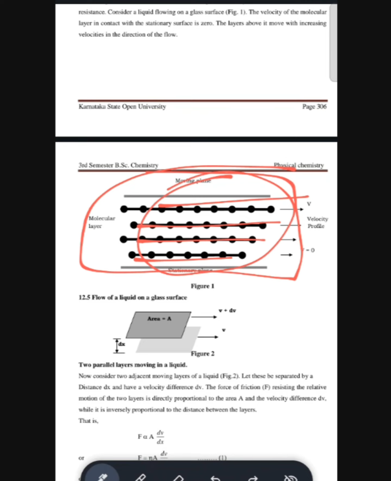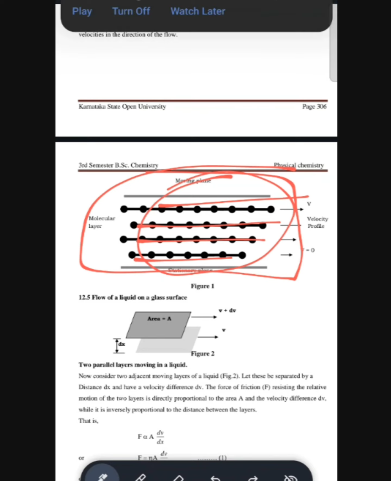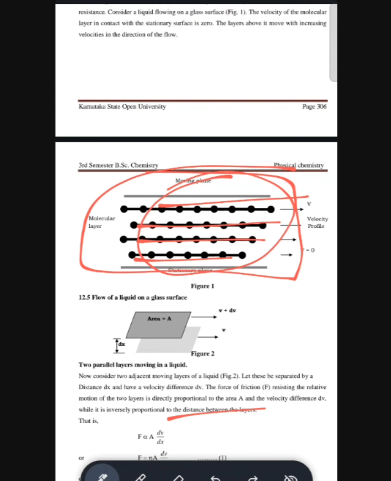So the velocity of the molecular layer is constant, in which the stationary phase is zero. So the force F is proportional to A times dV by dx.